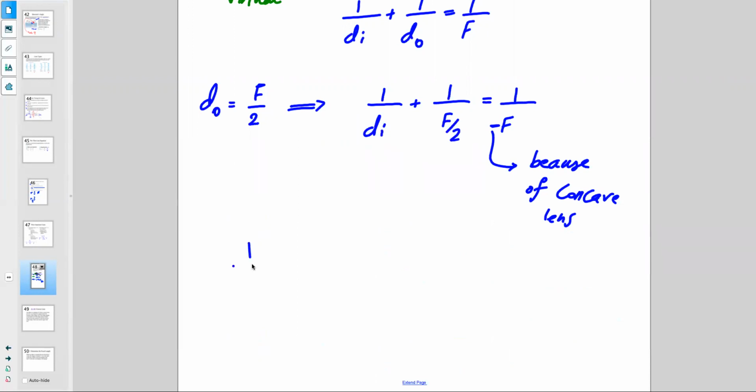So 1 over di is 1 over negative f, negative 1 over f over 2.